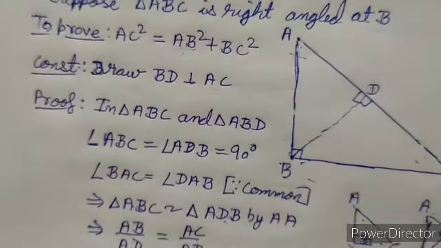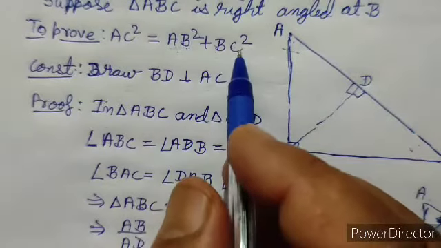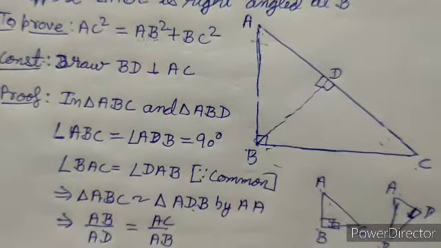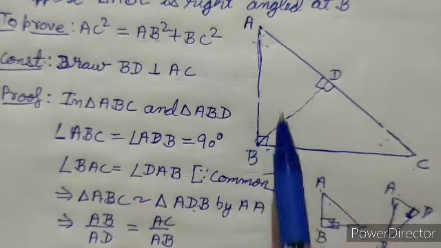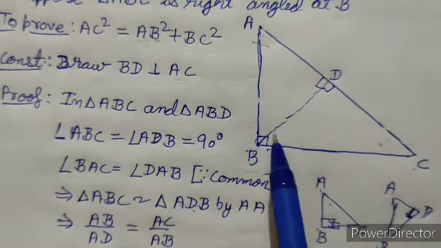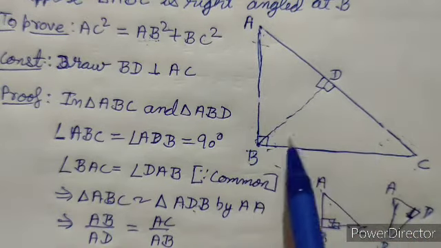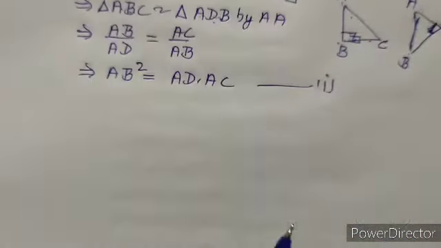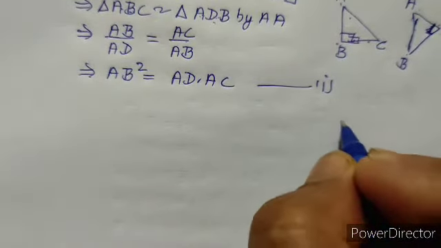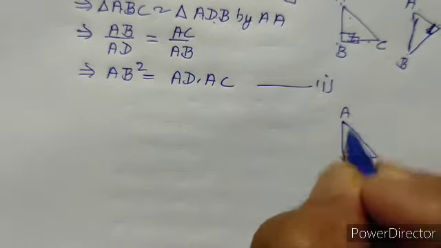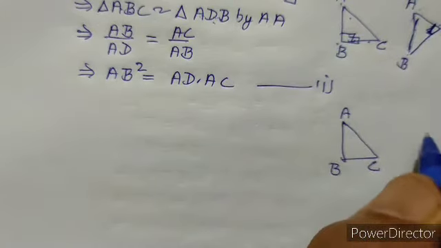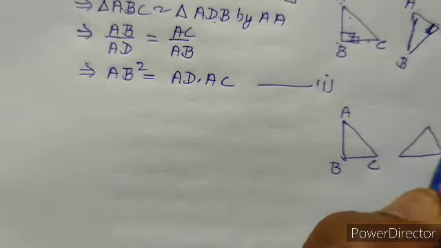Now similarly, here we have to find the value of BC square. Now as we see here, BC is the side of triangle ABC and BDC. So we will prove ABC and BDC similar.